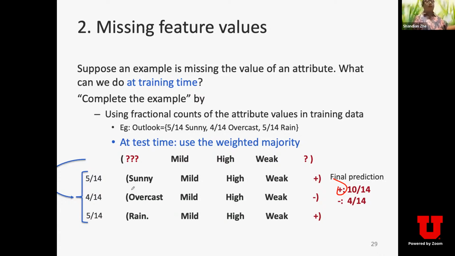If you don't know if your test example is incomplete, there's no point to use fractional counts. Only when you see some missing attribute, you want to impute it, you want to consider all the cases. And similarly, when you do the training, if all the training examples are complete, what's the point of adding some fractional counts?